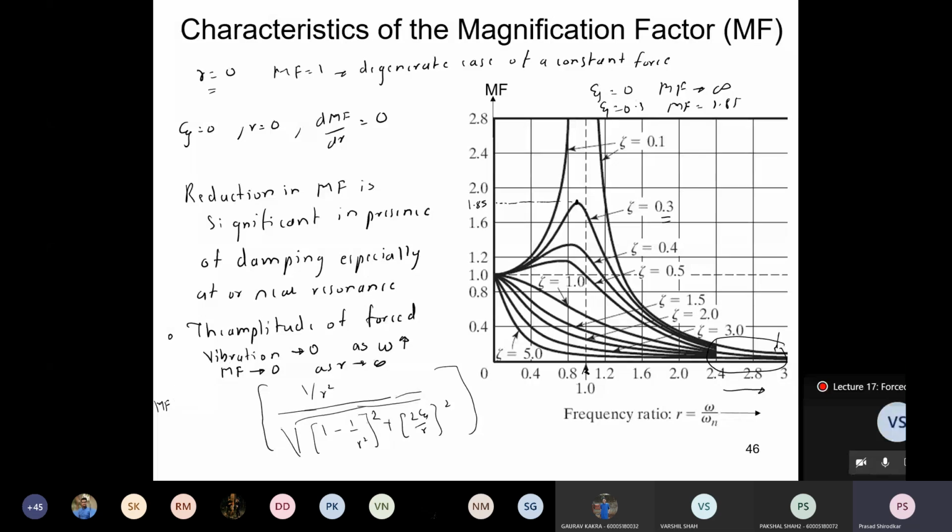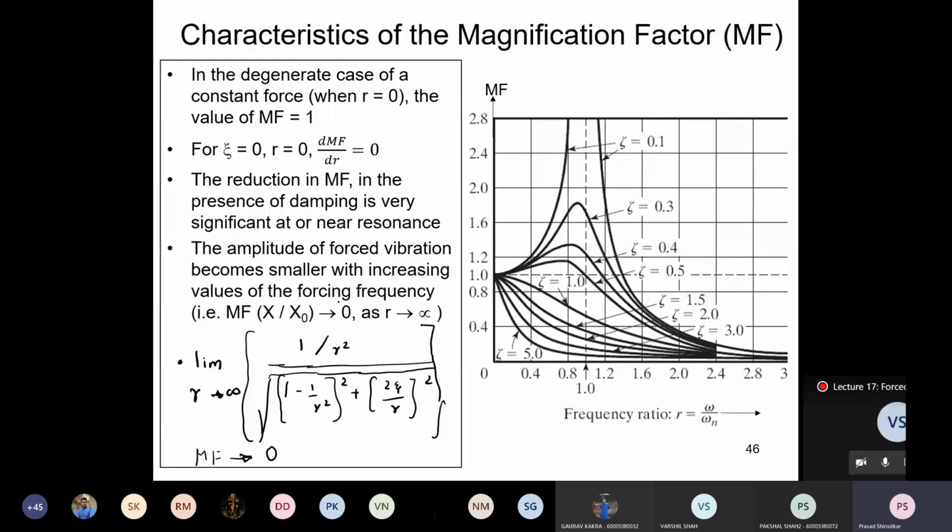If I apply the limit where r tends to infinity, x by x0 will tend to 0. Since x0 is constant, the amplitude of the forced vibration will also tend to 0. This is the summary of all the points we discussed just now.